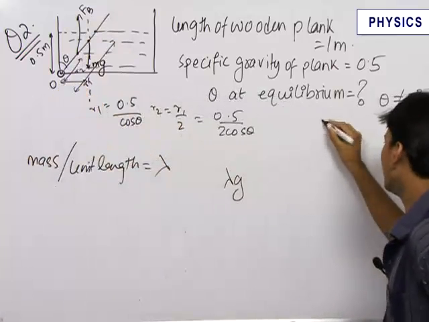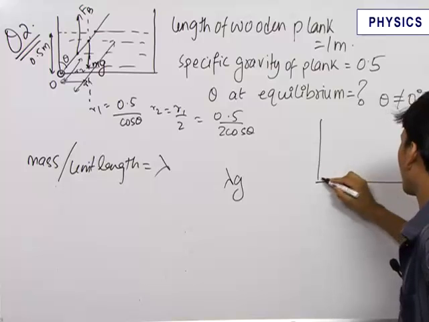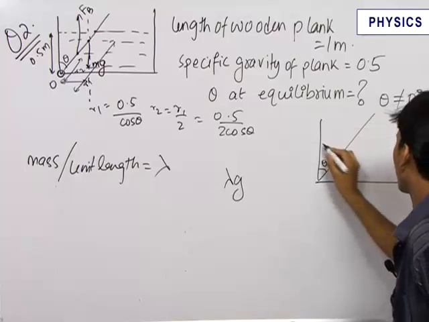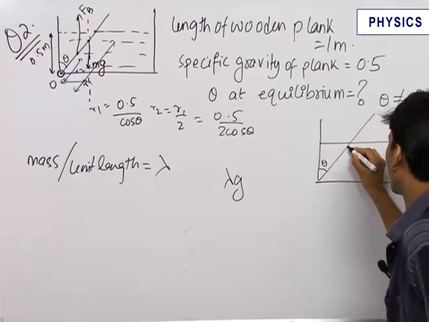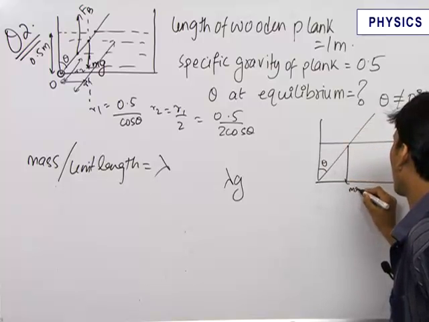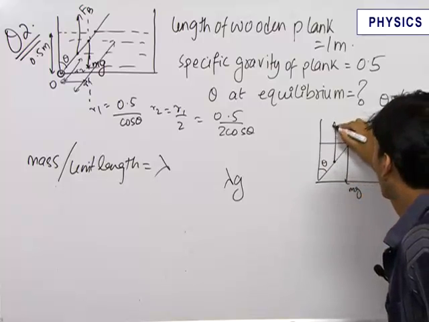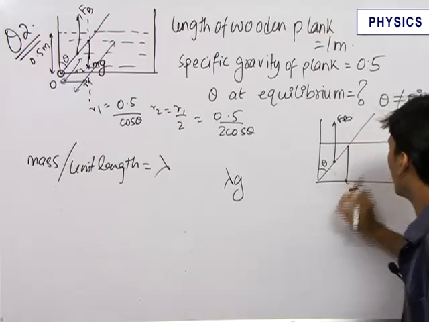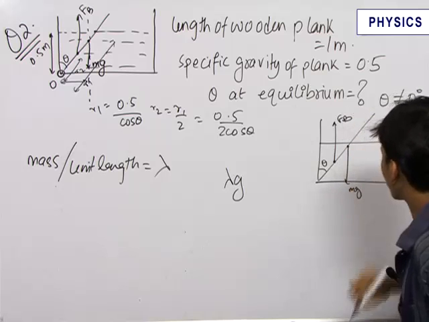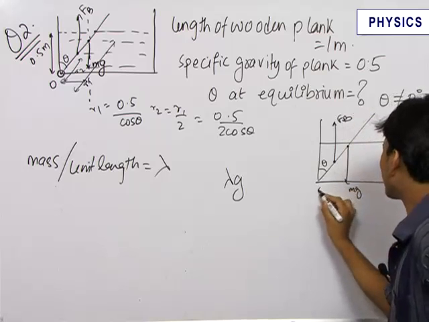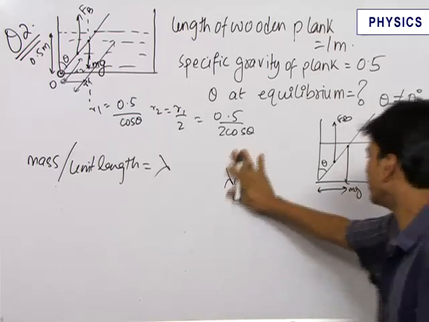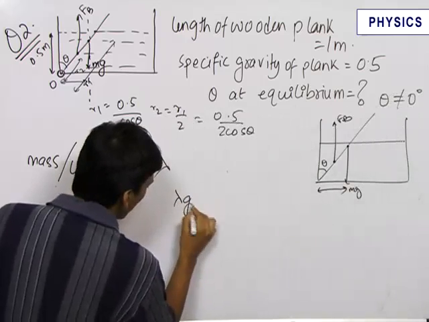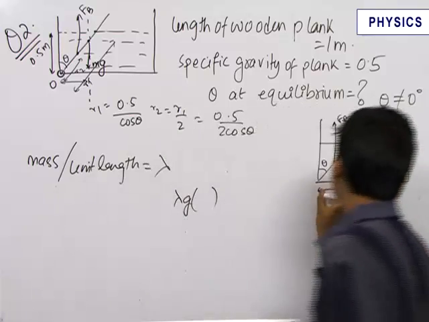So we need to find out this distance now. I'll draw the diagram again. We need to find out this distance, that is R perpendicular. Lambda into g is the force. The R perpendicular is this distance.